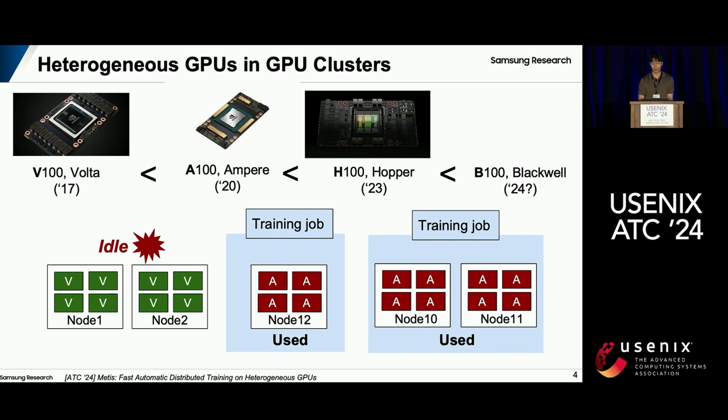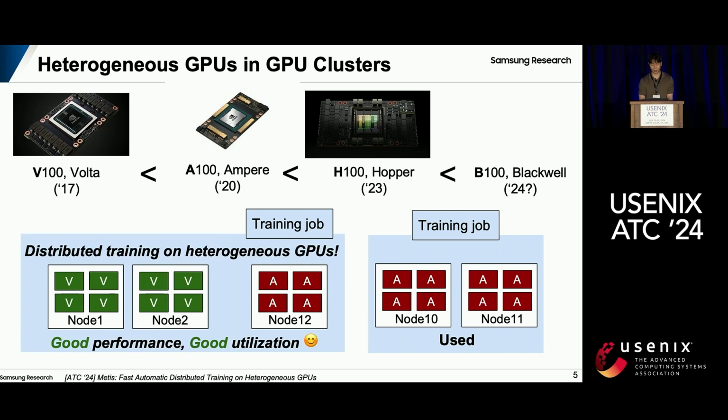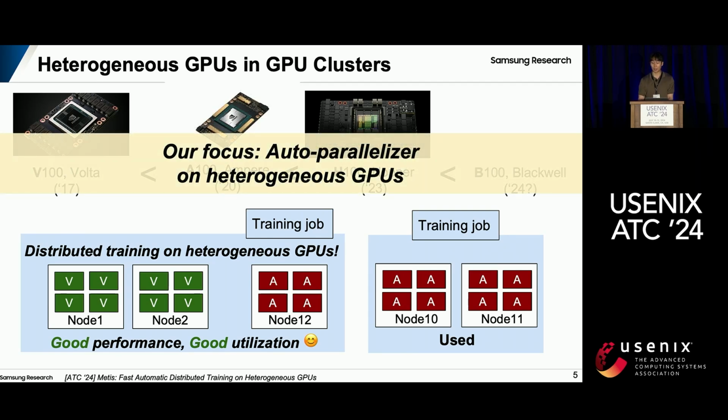Therefore, instead of using the small number of high-end GPUs for distributed training, fully utilizing both high-end and low-end GPUs altogether can improve the training speed and also improve the GPU utilization. Therefore, in this work, we focus on designing an auto-parallelizer on heterogeneous GPUs.